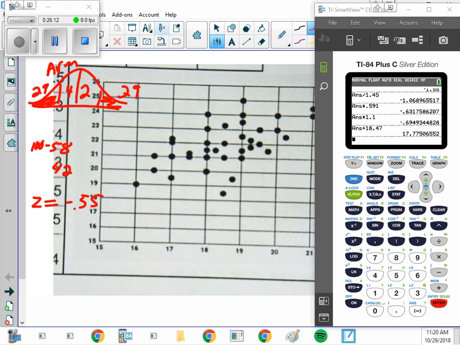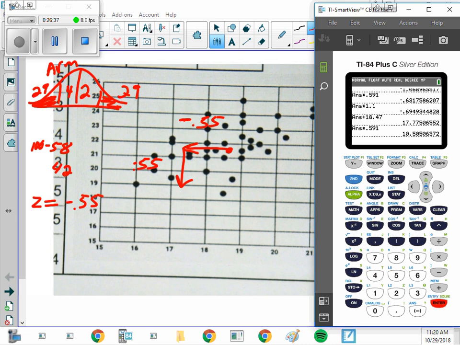Do I need to convert this into inches? No, because I know from my point of averages I'm going to go 0.55 to the left. So I need to go down 0.55 times R. So I multiply this by 0.591.